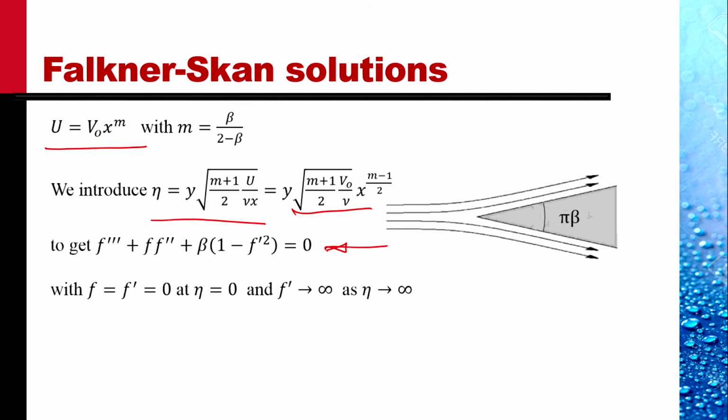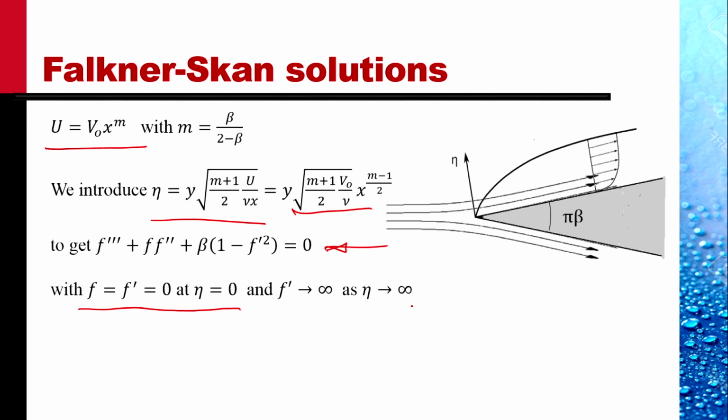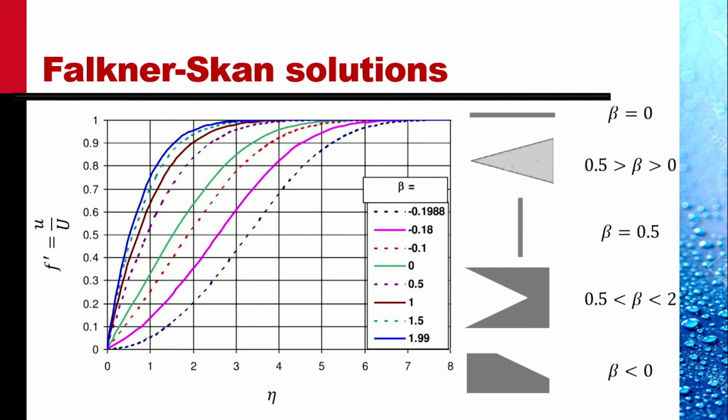And this has to be solved with three boundary conditions: f and f prime equal to 0 at eta equal to 0, and f prime tends to 1 as eta tends to infinity. This is the kind of profile that we get. This is the edge of the boundary layer on the upper surface. This is the velocity profile within the boundary layer. And these are those profiles for different values of beta. This green line is for a flat plate when beta is equal to 0.